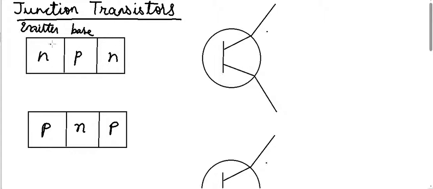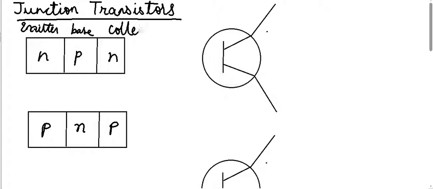I am just defining the terms now so that you can get acquainted with them. Don't worry if you don't understand yet why we call this emitter or base. We'll come to that, so just bear with me for now. This one is called the emitter, and this is actually heavily doped, and another is called the collector.